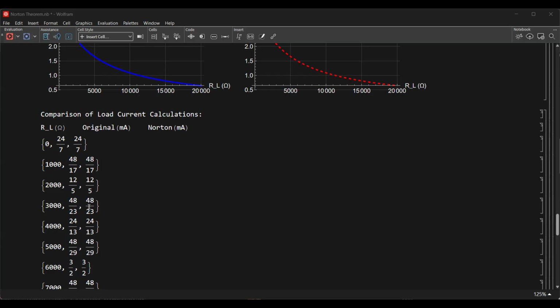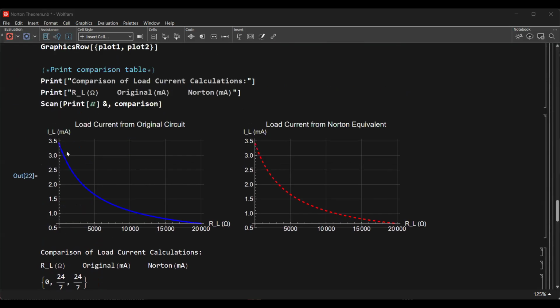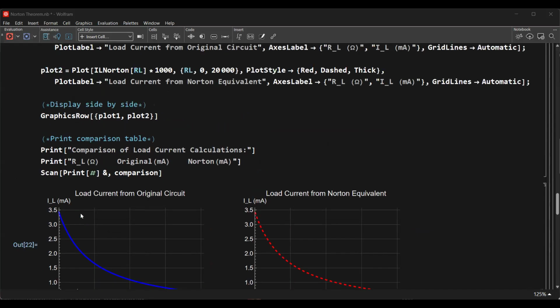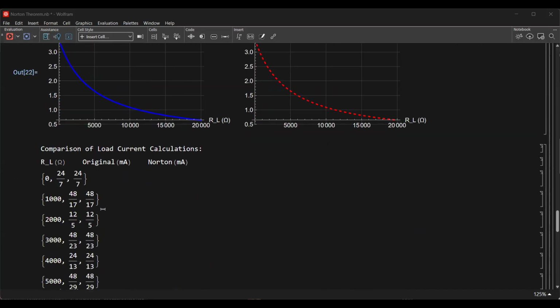So this is the load current. We have the figure here of the load current against the resistance of the load. For example, if the load resistance is equal to 0, the corresponding current here is also equal to 0.